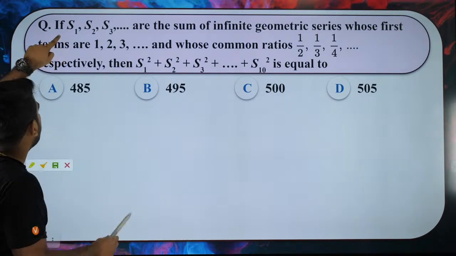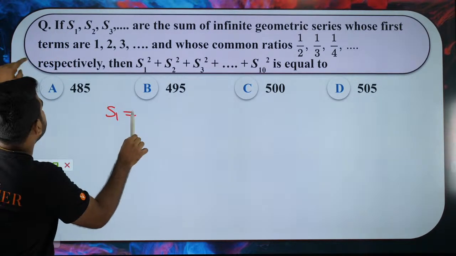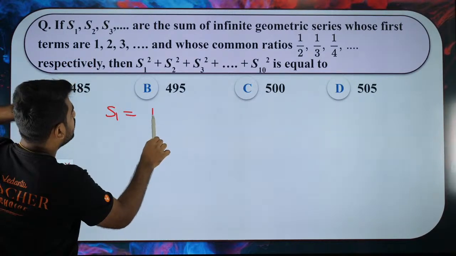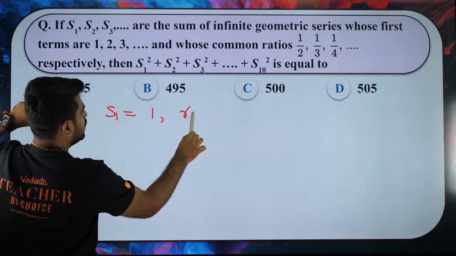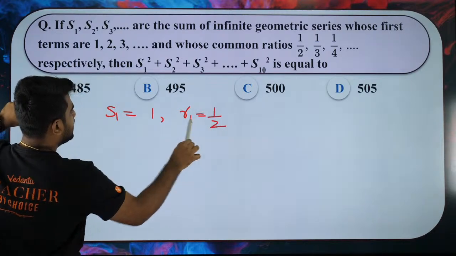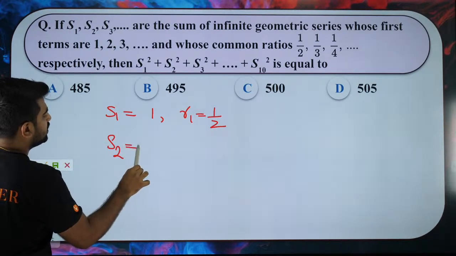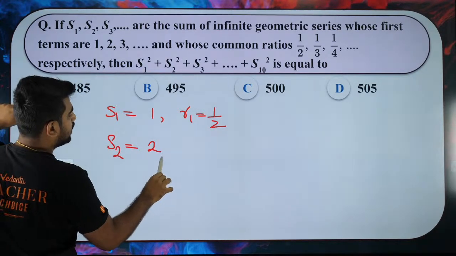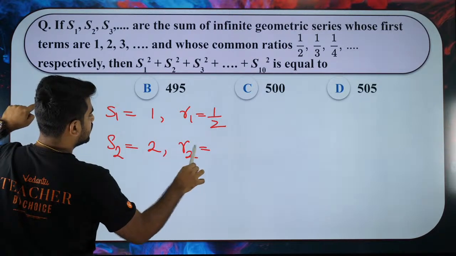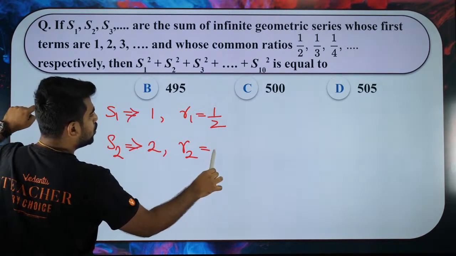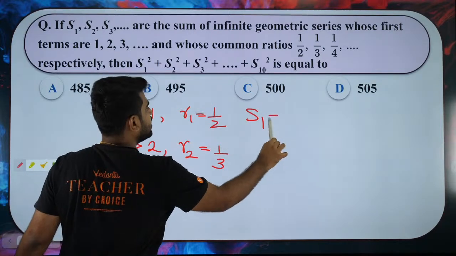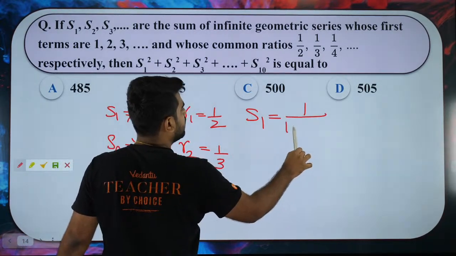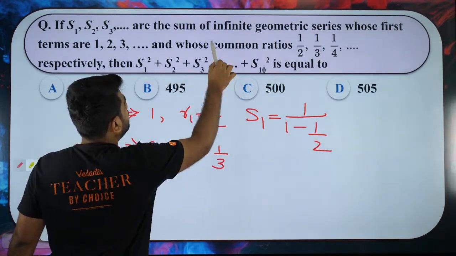S1 means what? S1 means first term is 1 and common ratio is 1 by 2. S2 means what? First term is 2 and common ratio is 1 by 3. So what is the summation? The summation is first term by 1 minus common ratio because it's up to infinity.